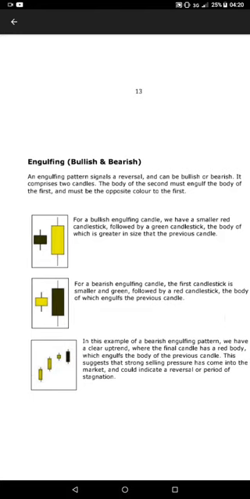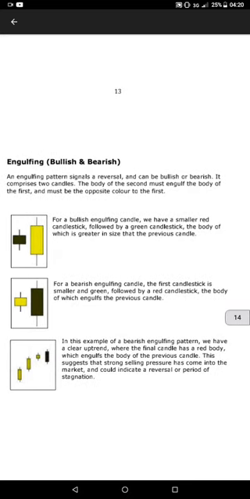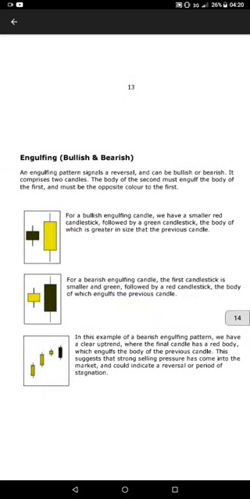For a bullish engulfing candle, we have a small red candlestick followed by a green candlestick, the body of which is greater in size than the previous candle.